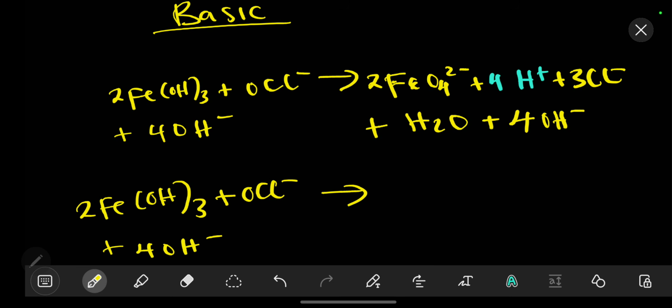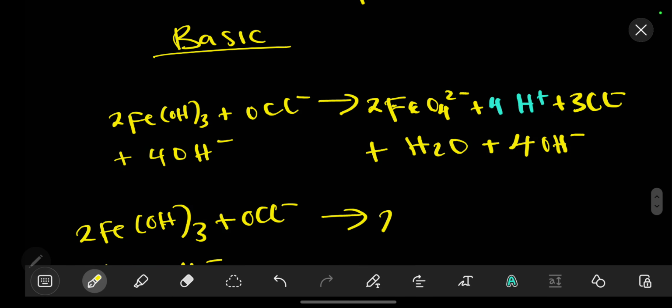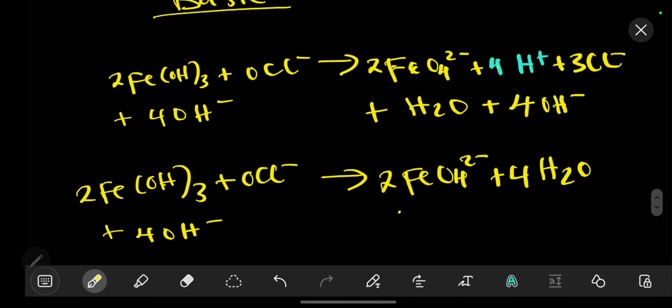To become 2FeO4, 2 negative, then 4 hydrogens plus 4 hydroxide gives 4 moles of water, like that. Then we have plus our 3Cl negative plus our H2O. So then just add now: 1 more water plus 4 will give us 5.